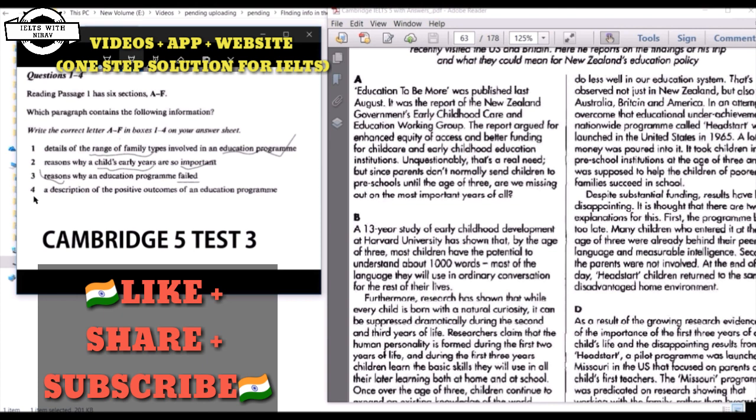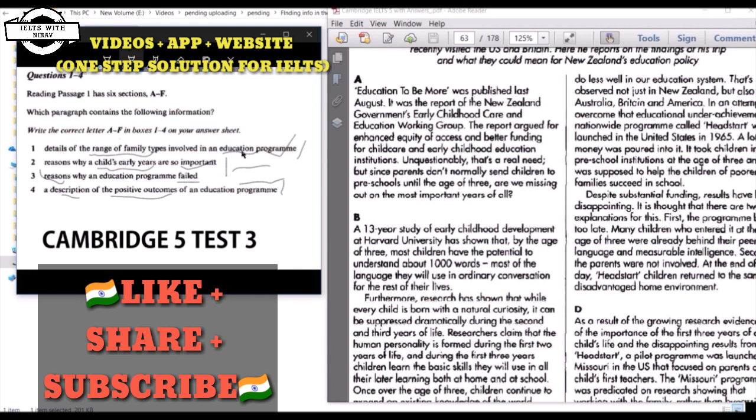The fourth one is a description of the positive outcome, so some description of the positive outcome of an education program. To remember these 4 questions, it is essential to mark these keywords. Then and only then will you be able to remember them. If you can't, then write the meaning by the side, in your native language, and try to find your answers.